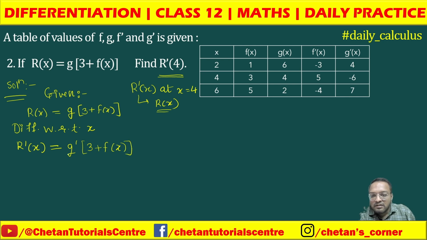Now as per the chain rule, I will multiply this with the derivative of 3 plus fx. The derivative of 3 will be 0 plus the derivative of f of x will be f dash of x. So 0 plus f dash of x is f dash of x. In this way, we have differentiated this function using the chain rule.